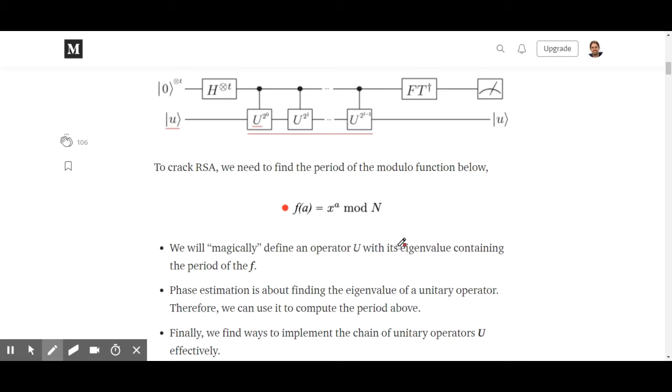I'll definitely revisit that, because I want to make sure I feel comfortable with it. But that's the whole point: transform the problem into that, and then you solve it by finding the period of that modular function. We will magically define an operator U with its eigenvalue containing the period of F.